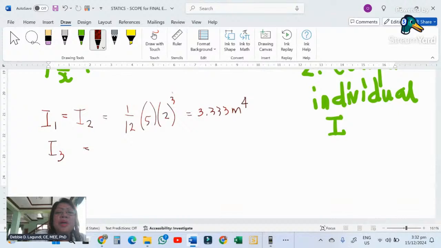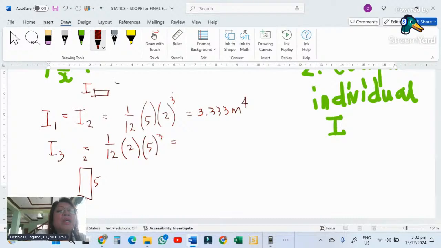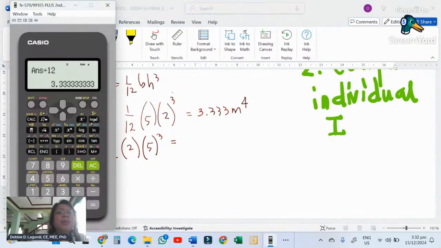Right. Now, we do moment of inertia 3. Moment of inertia 3 is when your rectangle is in upright position. So this is 2 and this is 5. So your base this time is 2, and 5 will be your height, which will be cubed, because the formula is 1/12 base times height cubed. So I for a rectangle is 1/12 BH cubed. Okay, so let's calculate it.